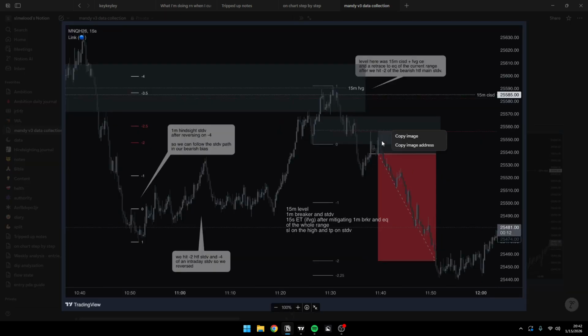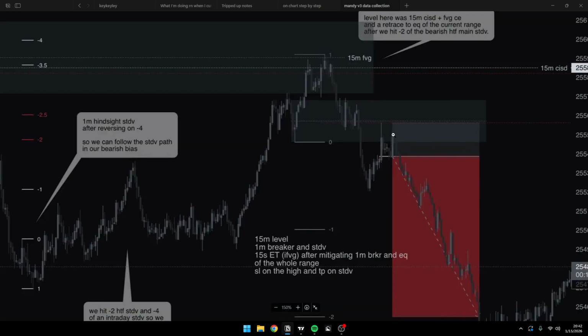And even though we pump up really hard, we're still in the trade because our stop is safely on this 15-second wick high that mitigated EQ of the current range and this whole range actually. That wick is very nice and protected because we mitigated EQ of the whole 15-second range as well as the 1 minute time frame aligned breaker.